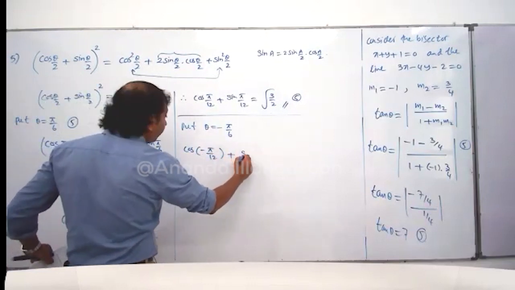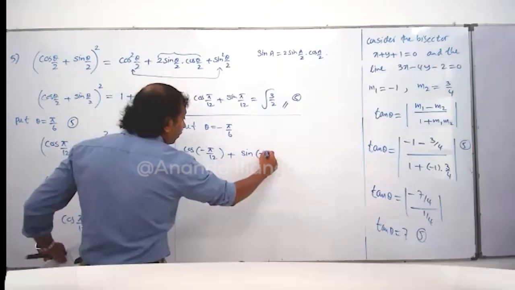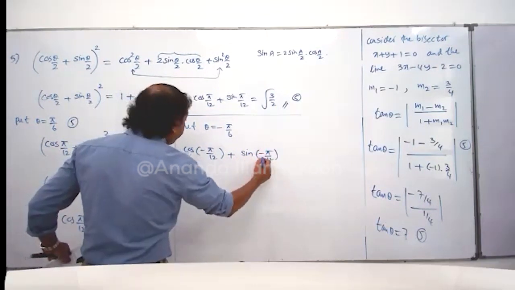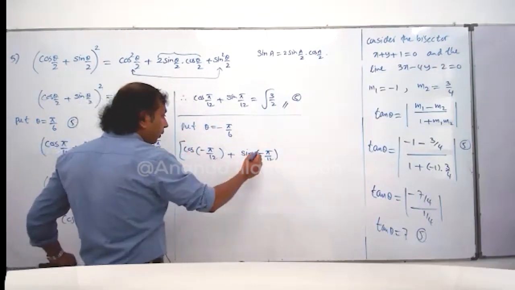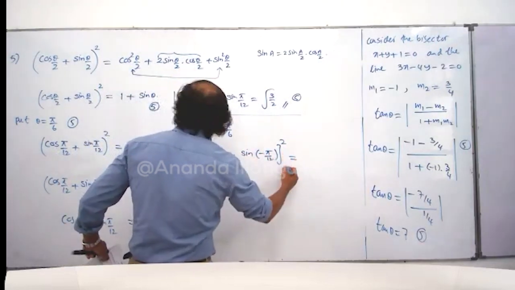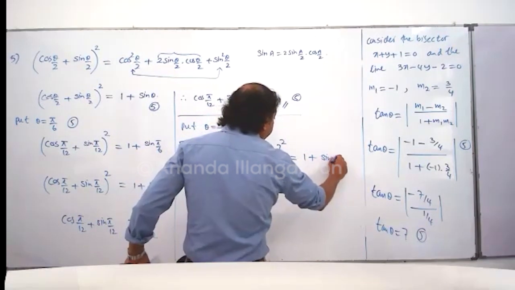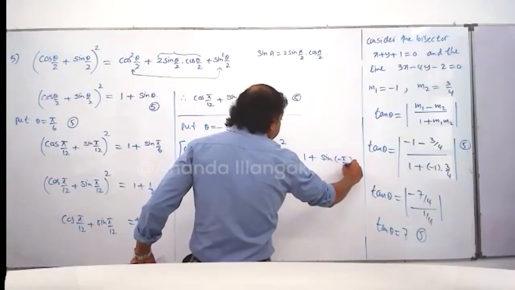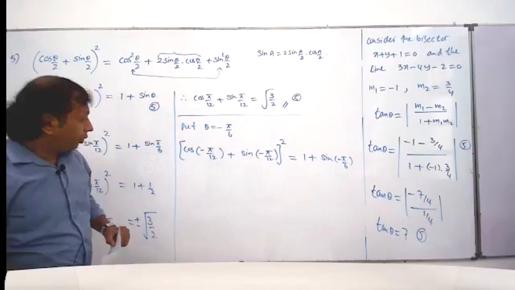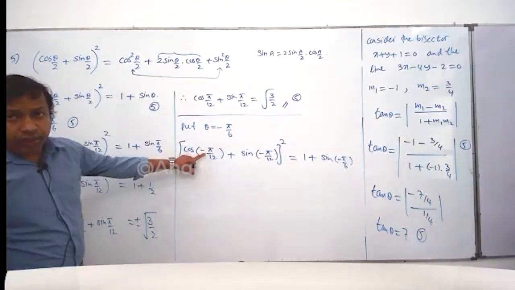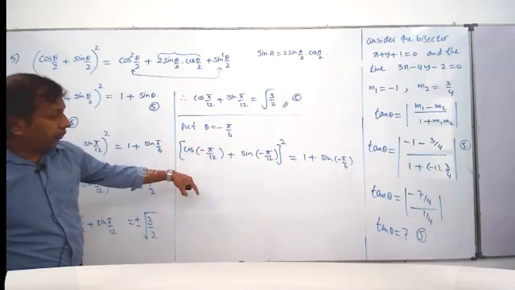Plus sin minus pi by 12 coming. It's perfect there. Is equal to 1 plus sin minus pi by 6. You know, people, cos of a negative angle, the minus sign we can ignore and write cos pi by 12.